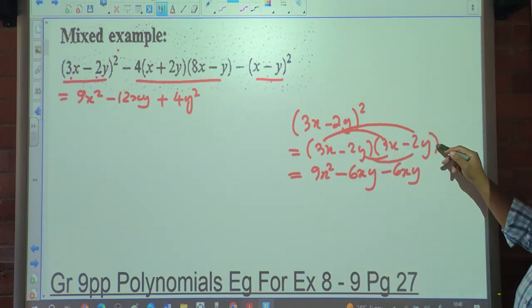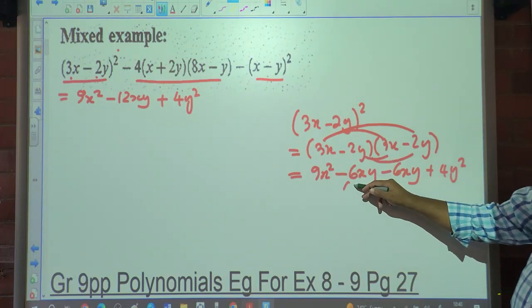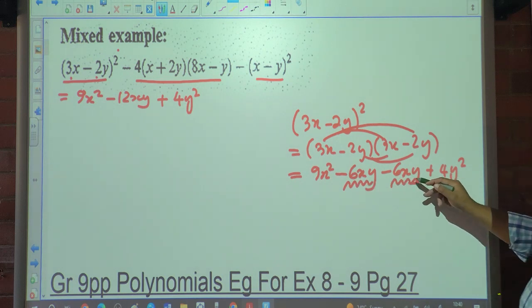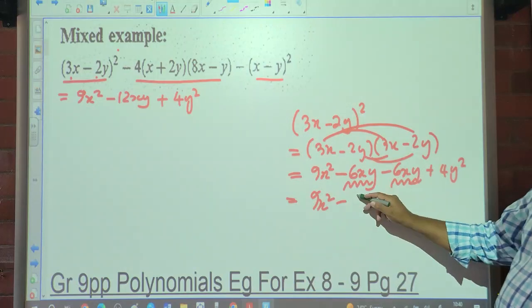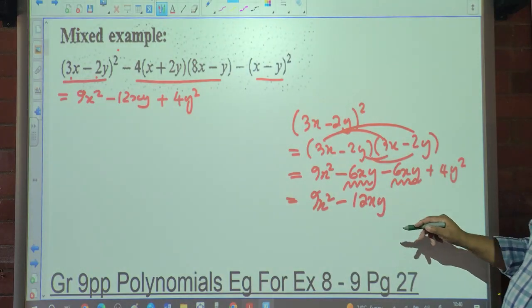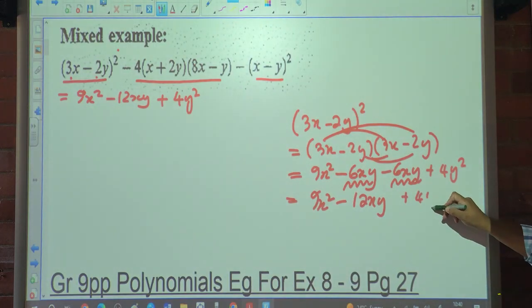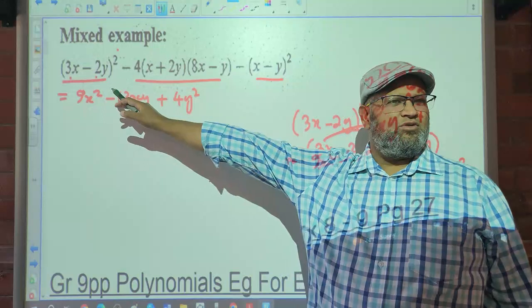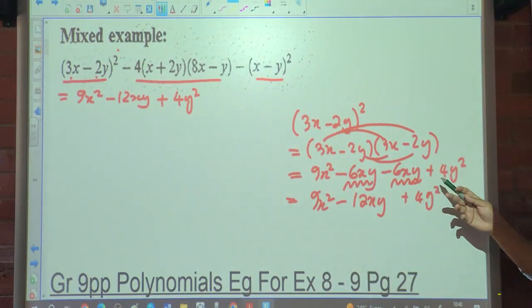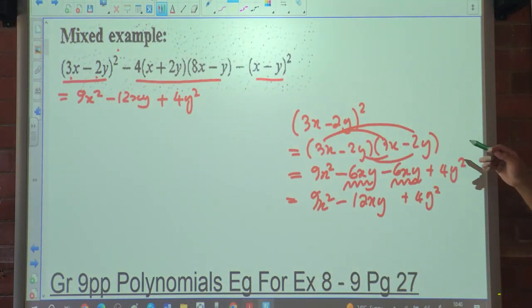Negative 2y times negative 2y, positive 4y squared. So negative 6xy minus 6xy is negative 12xy plus 4y squared. Okay, so if you're not comfortable in applying the binomial square rule, you can do this method here as well. As you can see, there are many more steps involved.